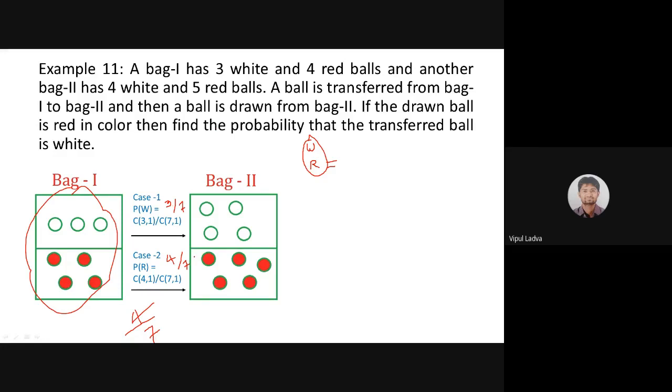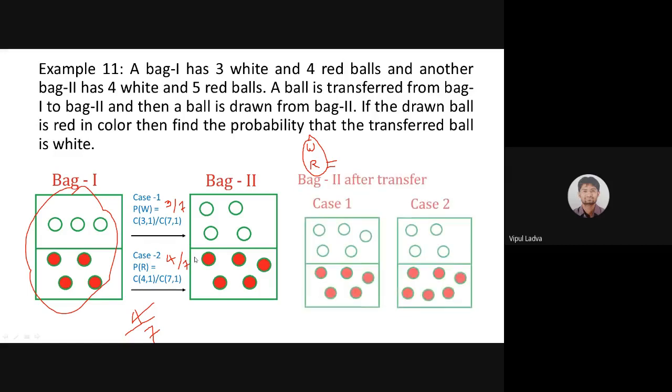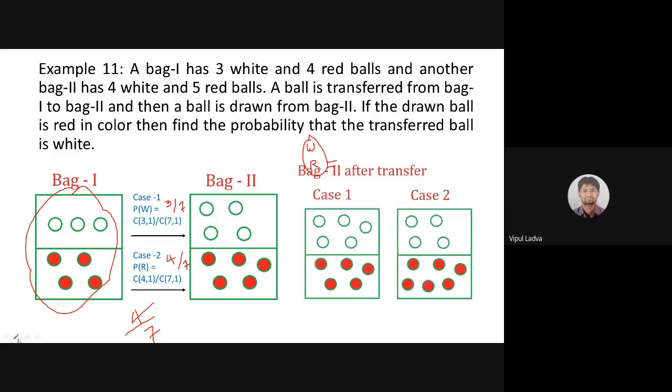ठीक है, चलो. Now, let's try to identify the scenario after this transfer. Right now we are transferring one ball from bag one to bag two. There are two possibilities: either case one is there or case two is there.